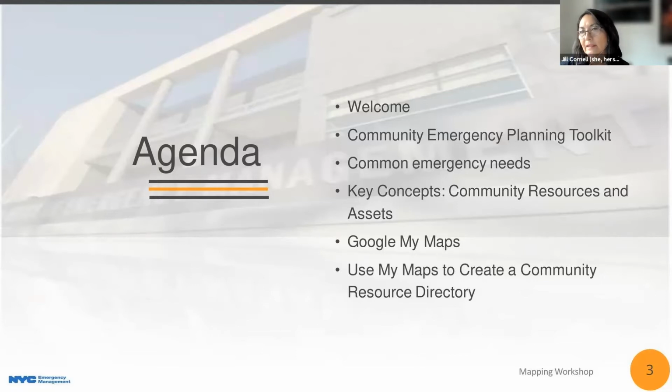We're going to take a little bit of the mystery out of it and show you a few examples of how other community emergency networks have used that function. Then we show you how you can take the Google My Maps and create a community resource directory. Again, that's one of the hallmarks of community preparedness and community emergency planning that is featured in the toolkit.